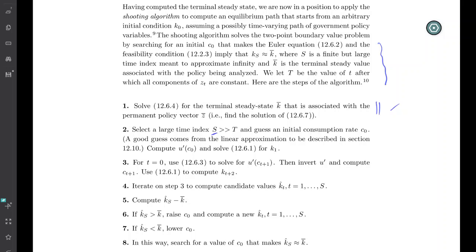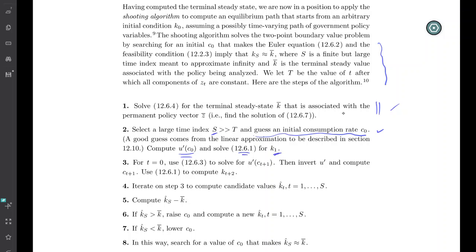And then the key thing is we're going to guess at an initial consumption rate C0. There are good and bad ways to make a guess. I'll show you a good way later. Once we know C0, we can compute U prime of C0, and then we can solve this equation for K1.